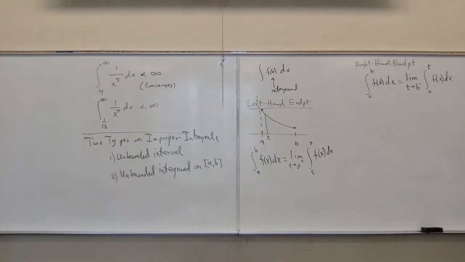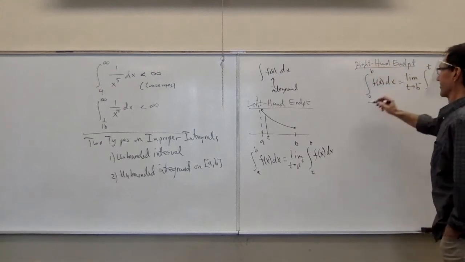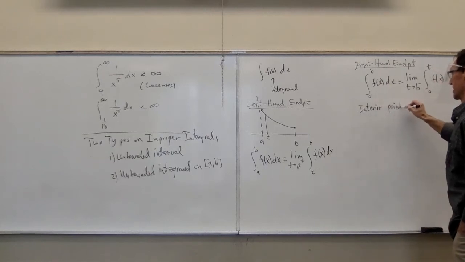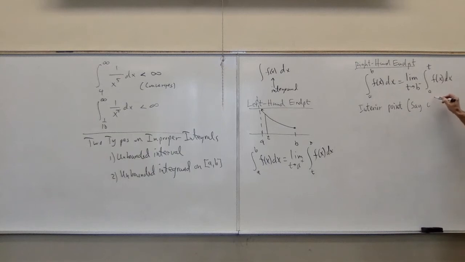If it's in the middle, or it's an interior point, and let's say it happens at C, with A strictly less than C, strictly less than B. Well, maybe the picture looks like A, B, C. There may be something like that.